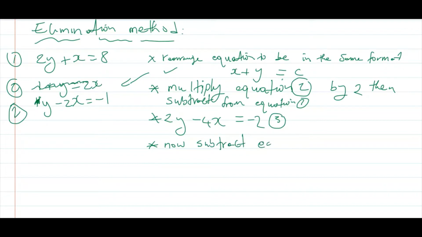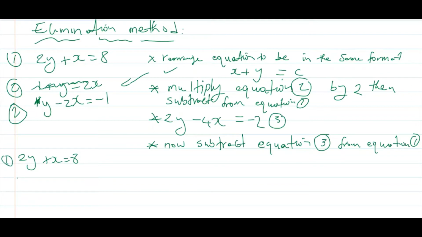Now subtract equation 3 from equation 1. I'm going to write it down again so it's easy for you to see what's happening. 2y plus x equals 8, that's equation 1, and 2y minus 4x equals negative 2.